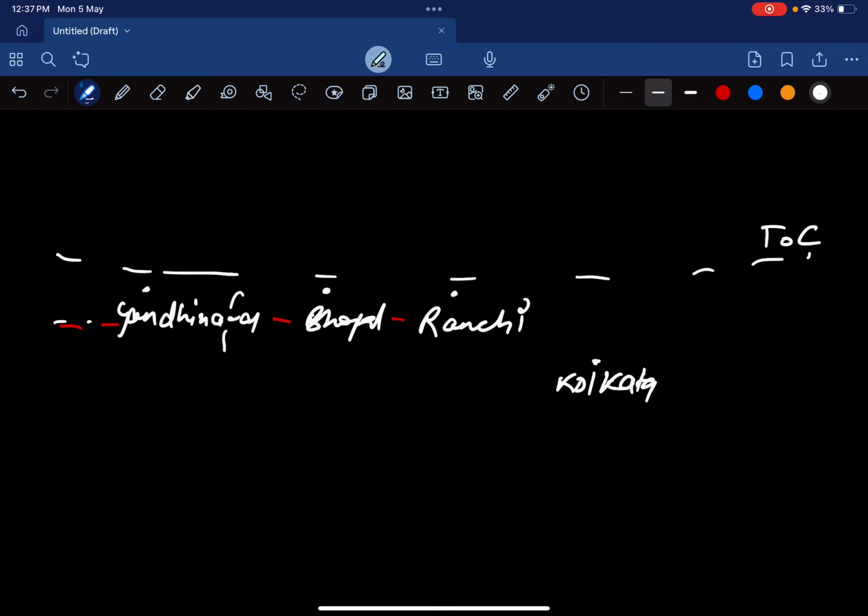If you talk about the north eastern states, it cuts two north eastern states which are Tripura and Mizoram, and both of their capitals are above the Tropic of Cancer, that is Agartala and Aizawl, right?